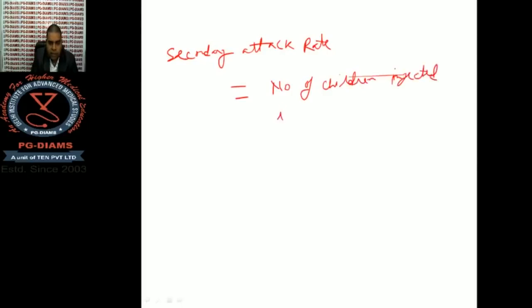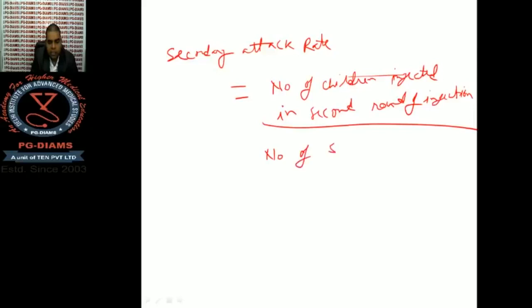In this case, secondary attack rate means the number of children infected in the second round of infection, divided by the number of susceptible children, again into 100.